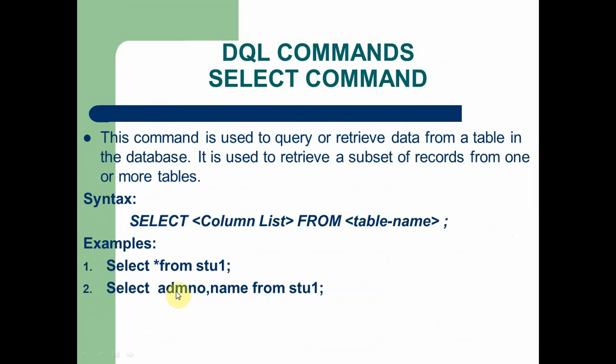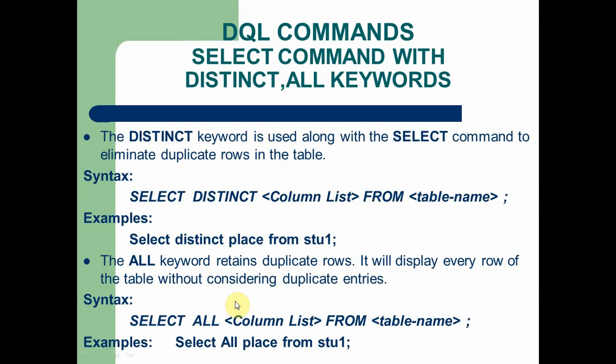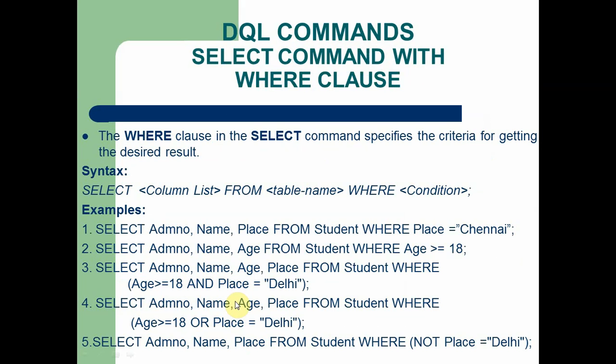Here we display only two columns from this table, but in both commands all the rows are displayed. But if you want to view particular rows from a table, then you should use the where clause with the select command.